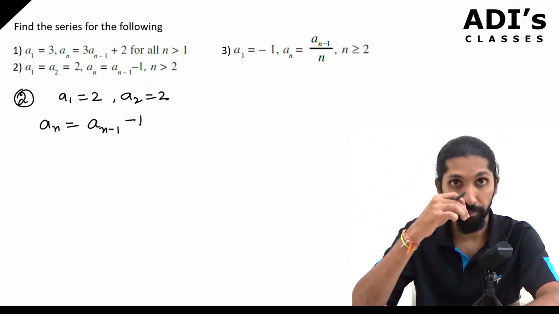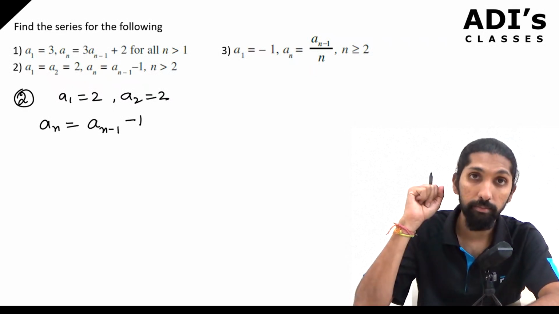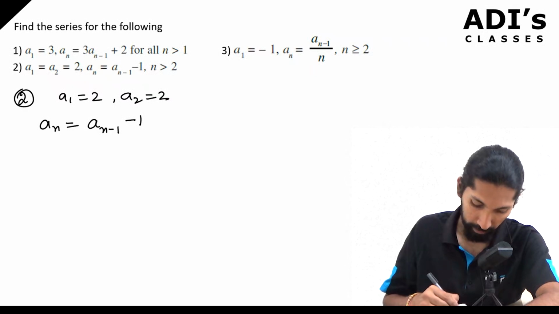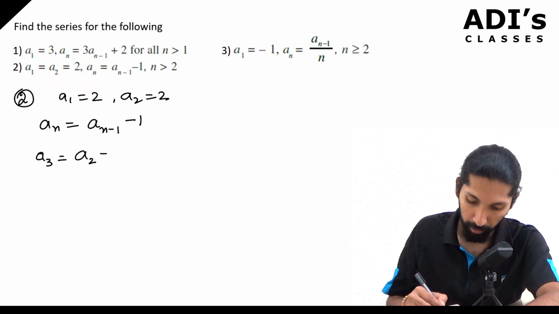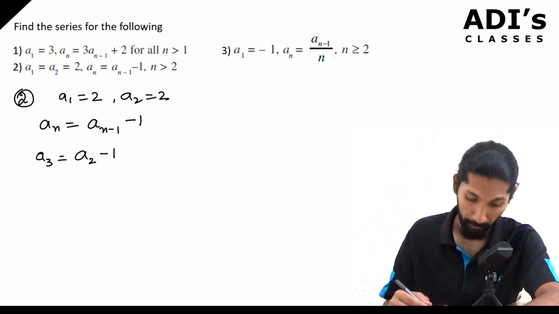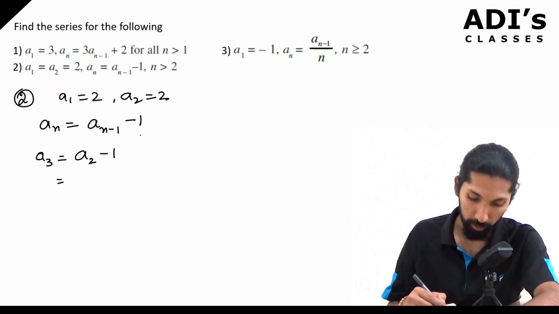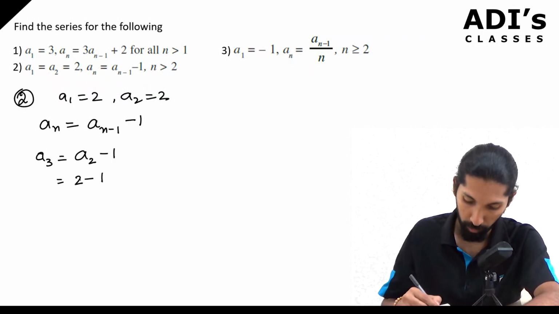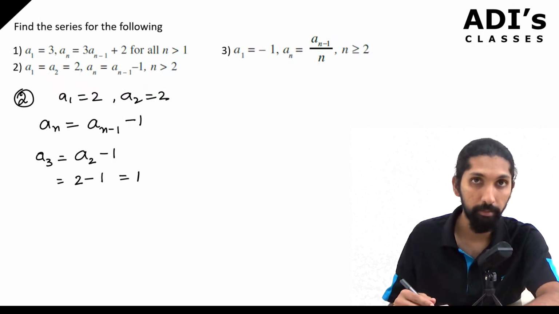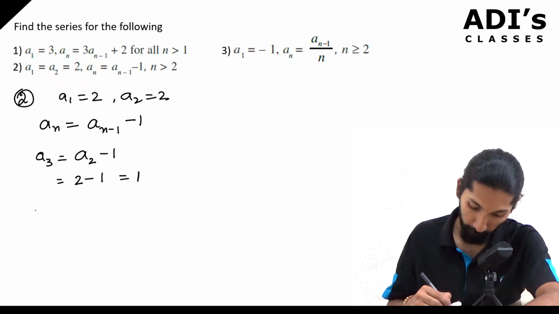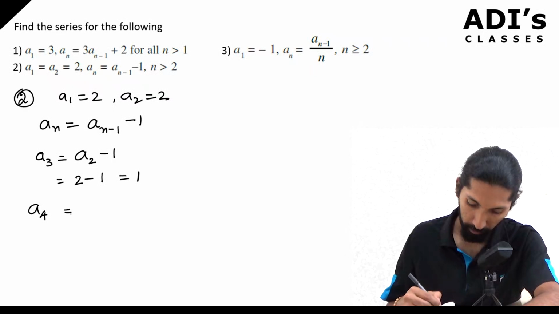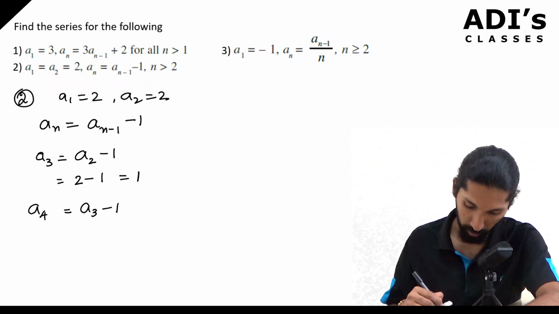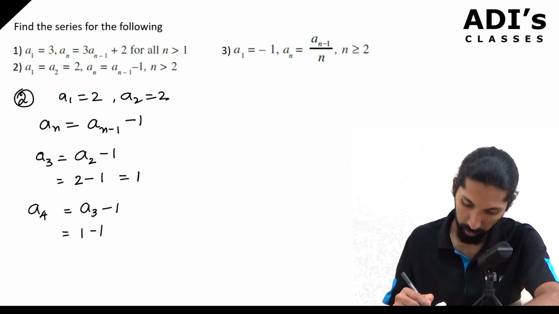Right? Let's start with n as 3. If you take a3, we'll get it as a2 minus 1. Correct? So when you take a2 minus 1, that's going to be 2 minus 1, which is 1. Correct? Next, a4 is going to be a3 minus 1, which is going to be 1 minus 1, which is 0.